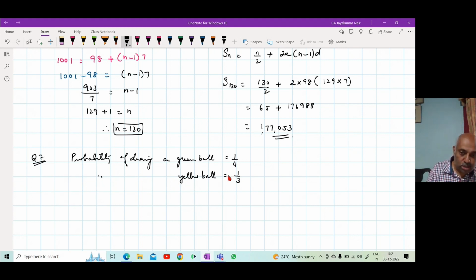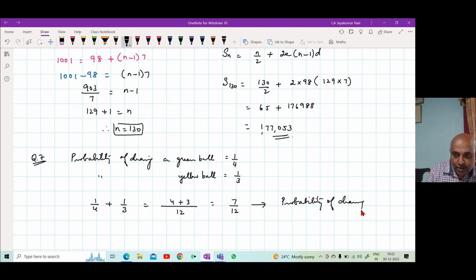If you want to find out, you have to add these two. So 1 by 4 plus 1 by 3, what is the LCM? LCM is 12. So this is 4 plus 3, that means 7 out of 12. This is the probability of drawing a green or a yellow ball.